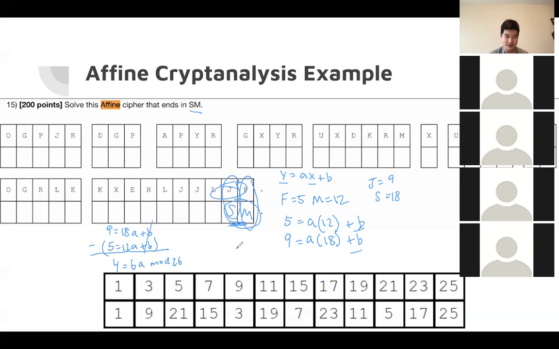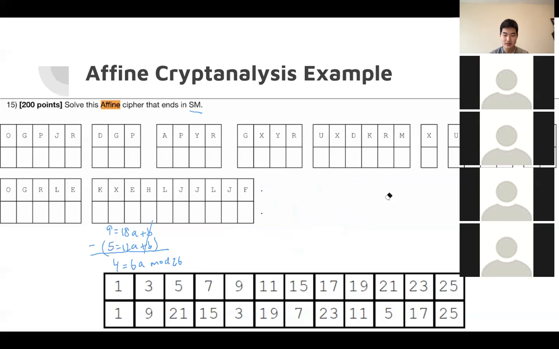And what I'm about to show you here is not very methodical. It's not very scientific, but it will always get you the right answer. You keep adding 26 to 4 until you find a multiple of 6. Usually it's not that easy.